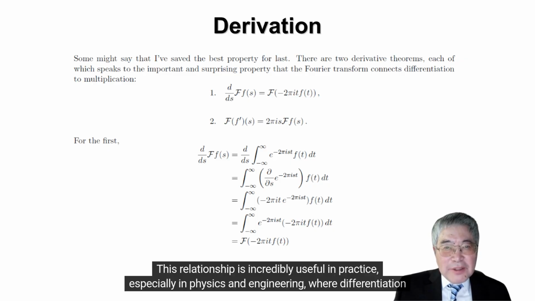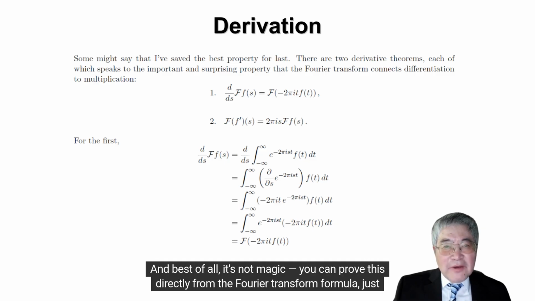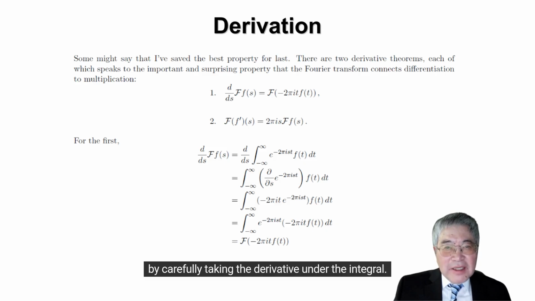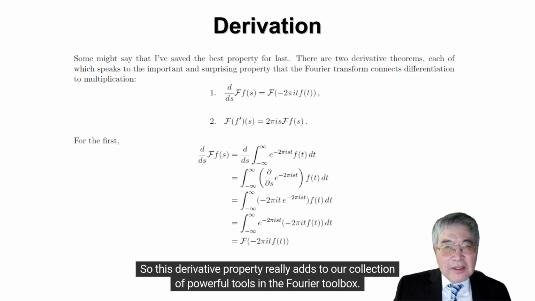This relationship is incredibly useful in practice, especially in physics and engineering, where differentiation often pops up in systems and signals. And best of all, it's not magic. You can prove this directly from the Fourier transform formula just by carefully taking the derivative under the integral. So this derivative property really adds to our collection of powerful tools in the Fourier toolbox.